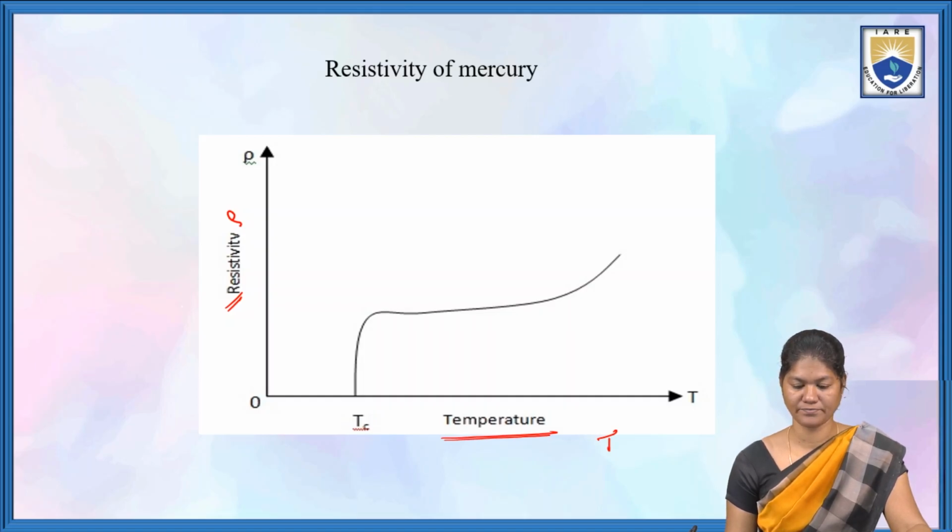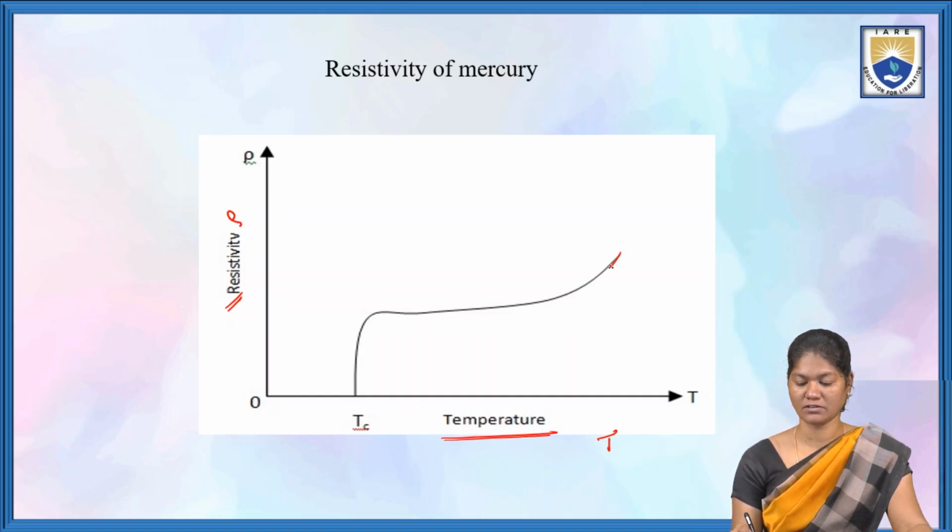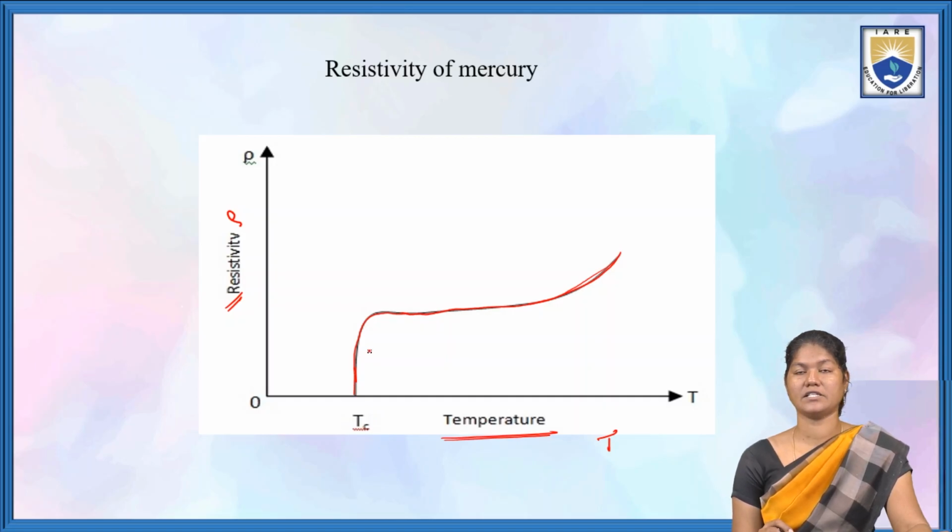Observing this graph, the resistivity of the mercury decreases when decreasing the temperature, and suddenly at a particular temperature, the resistivity becomes very low, almost zero.